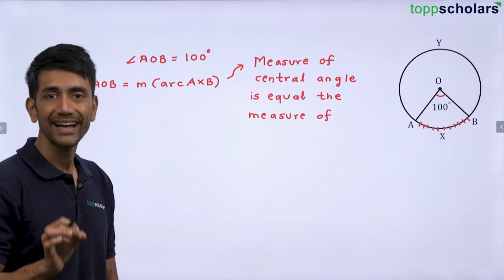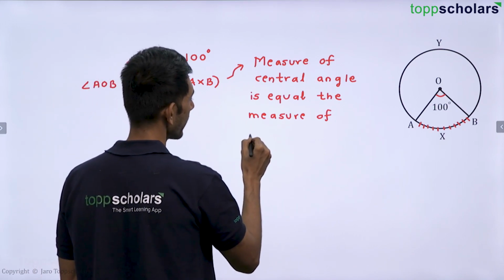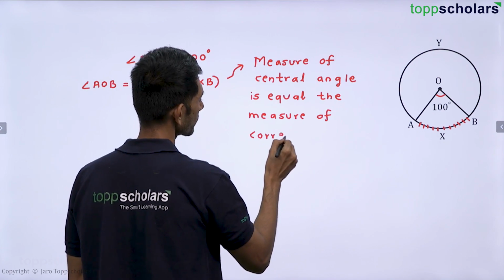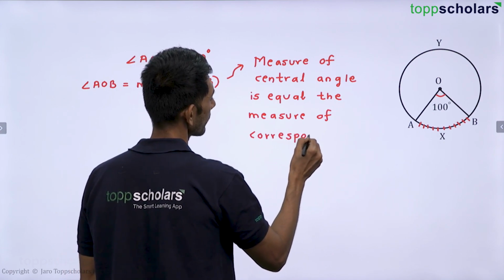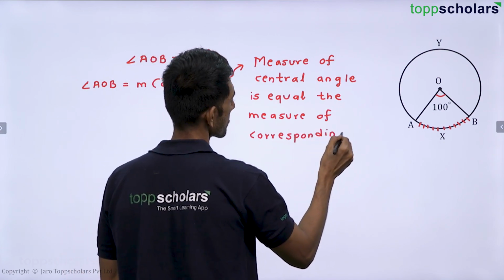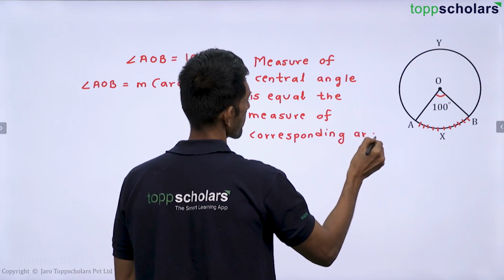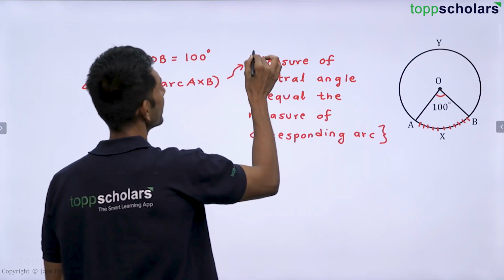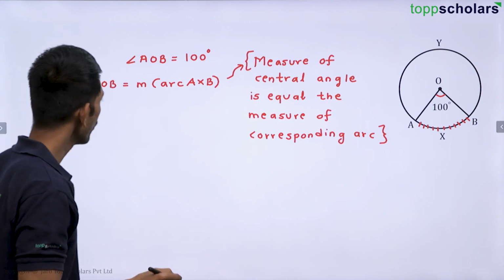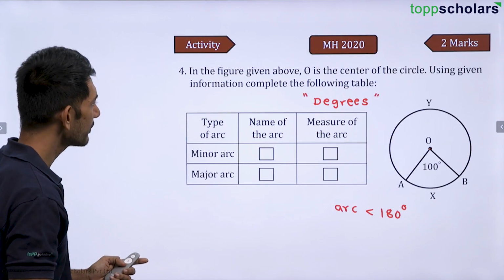Right? Measure of central angle is equal to the measure of corresponding arc. Simple, isn't it? So if AOB is 100 degrees, then arc AXB is also 100.